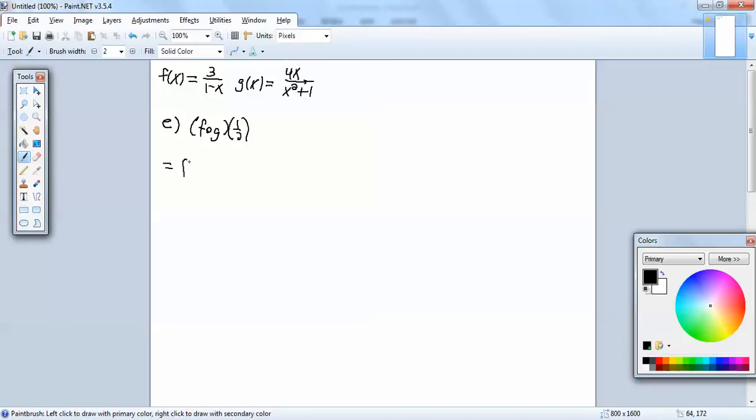So we're going to rewrite that as f of g of 1/2. We'll first focus on the inner, g of 1/2.